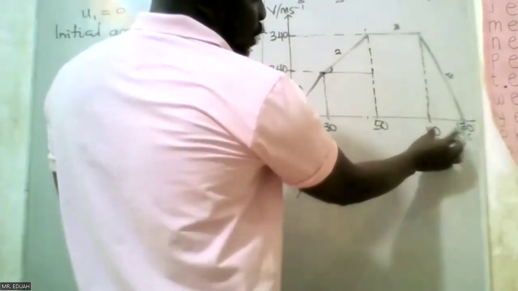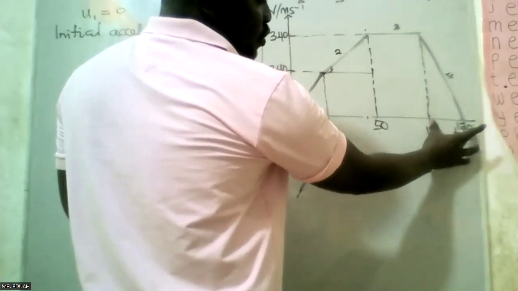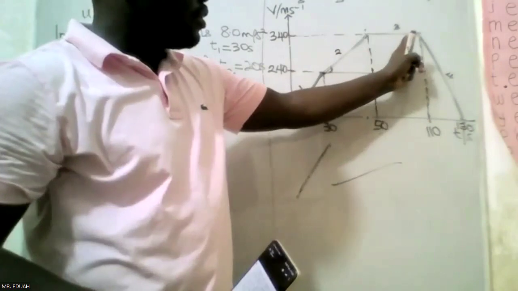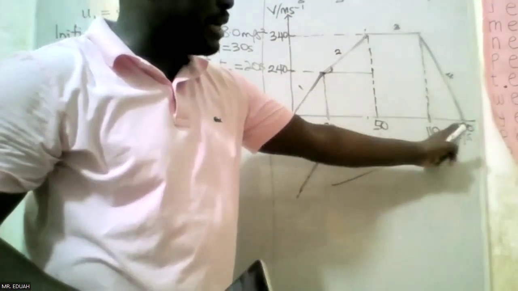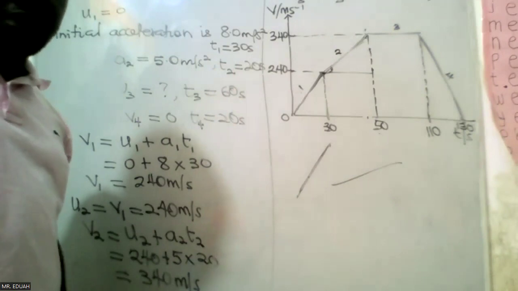So within 20 seconds, 110 plus 20, giving us a total of 130. The body speed was reduced till it came to a stop where the final velocity is 0. And this is the velocity time graph of the motion.